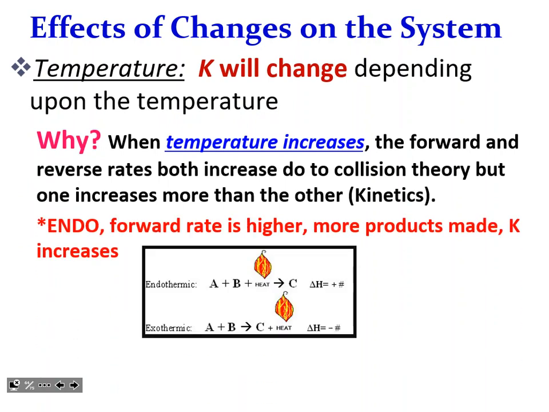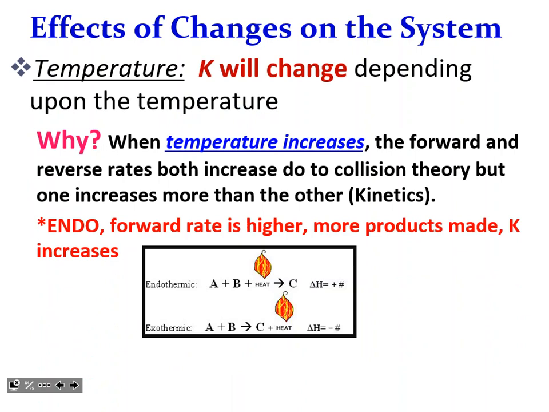So this is how it works. In the endothermic reaction, where you're adding in heat, you are adding in an actual reactant. The temperature is the heat. It's on the left side, so it's going to, of course, proceed towards the right to make more products. But in doing so, there are probably going to be more collisions and so forth. It's actually going to alter the amounts at the end.